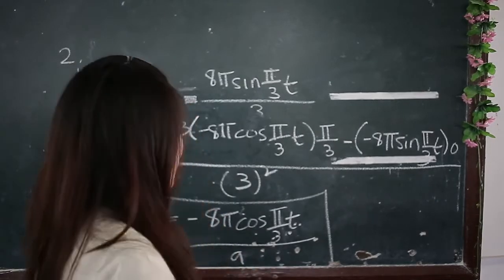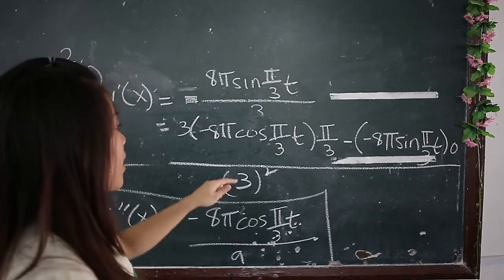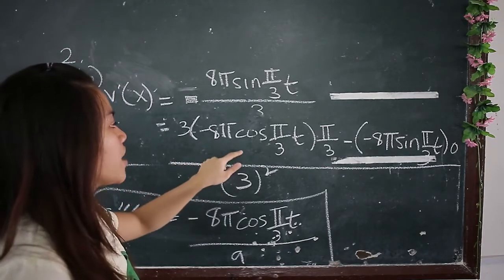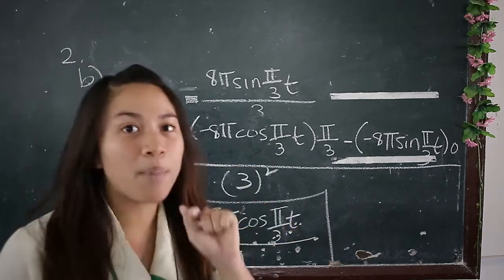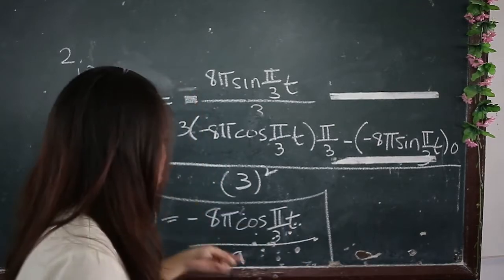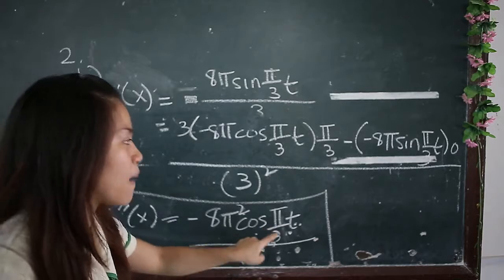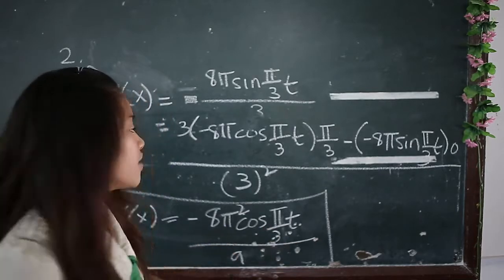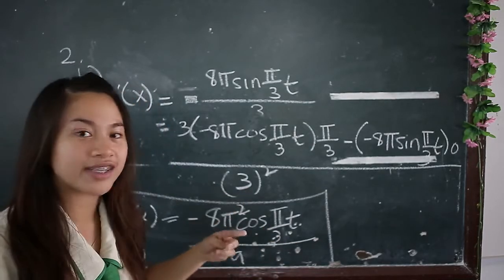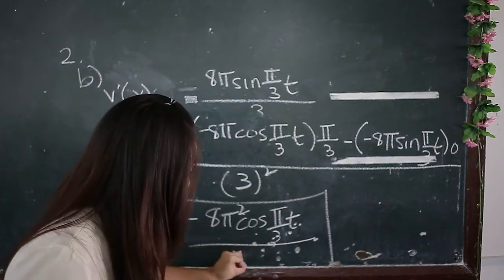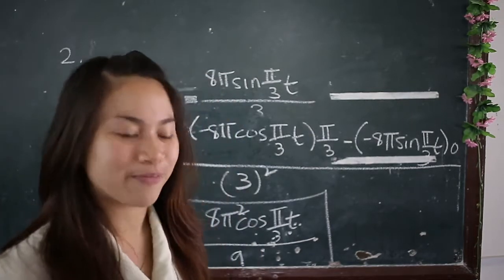So we are going to copy negative 8 pi cosine pi thirds t, but with another pi, so it becomes negative 8 pi squared cosine pi thirds t over the square of 3, which is 9. So that is our answer for acceleration.